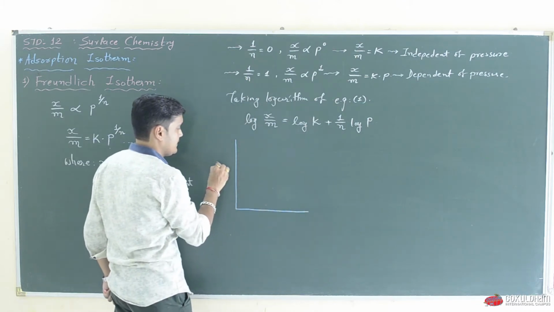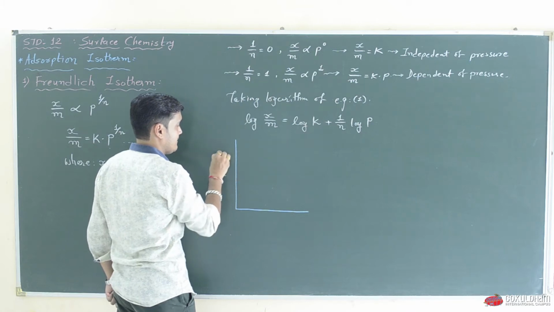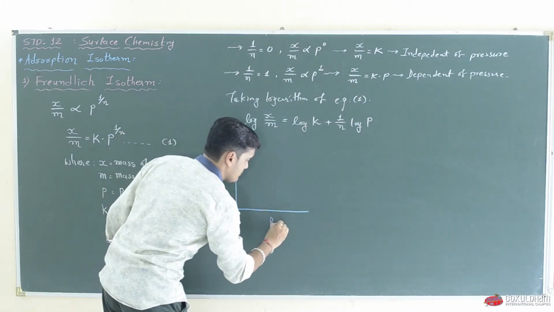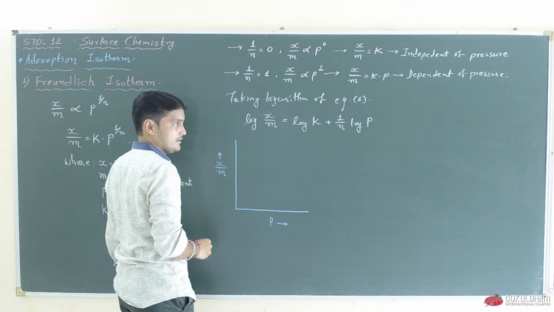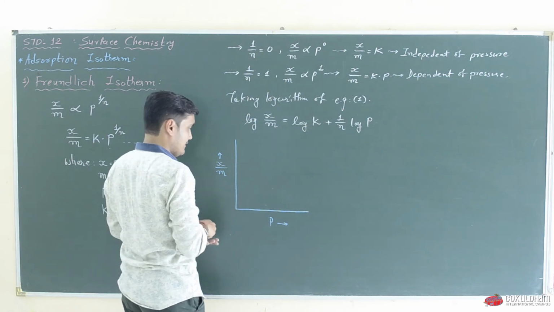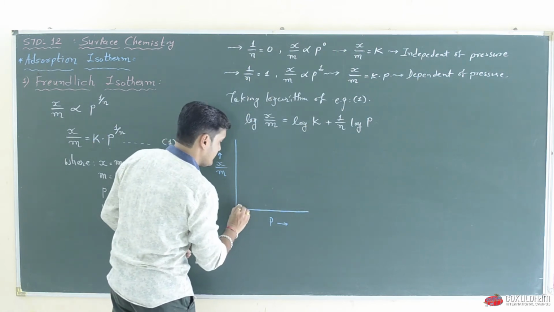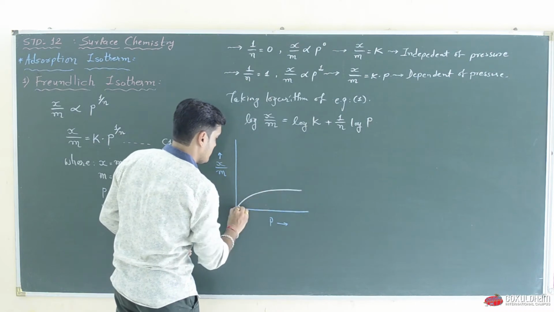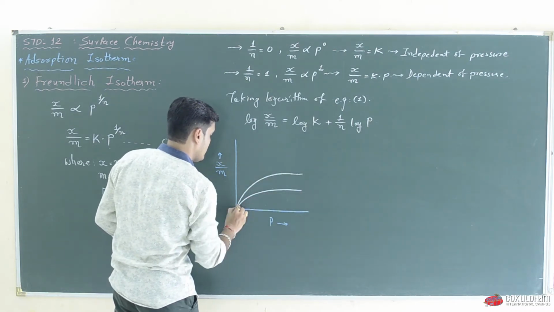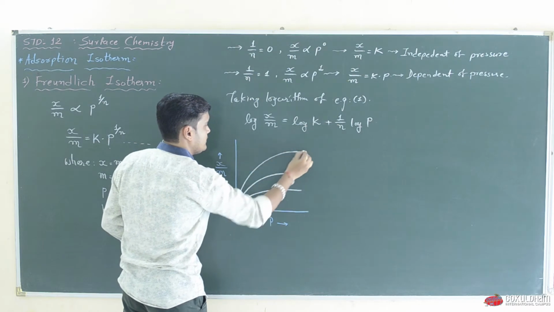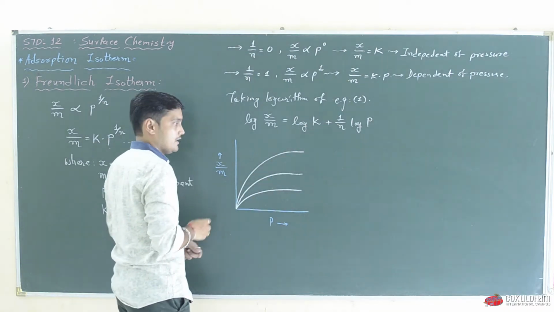In our first graph, x by m is on the y axis and p is on the x axis. We will get this type of curves in the plotted graph.